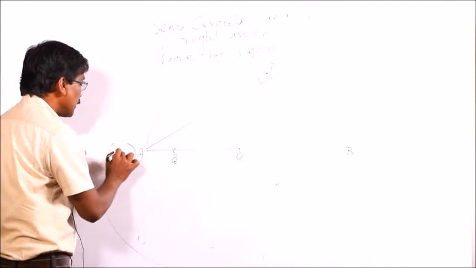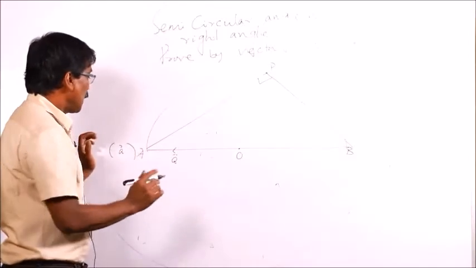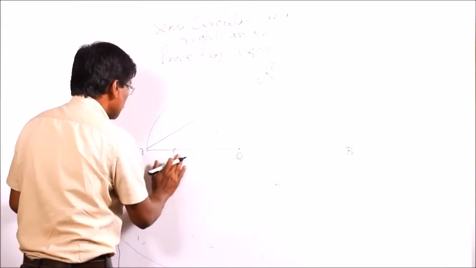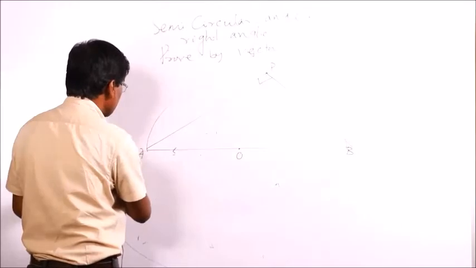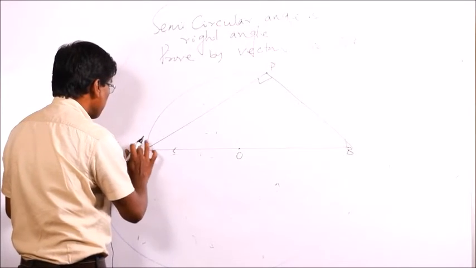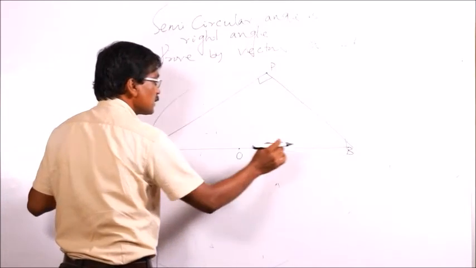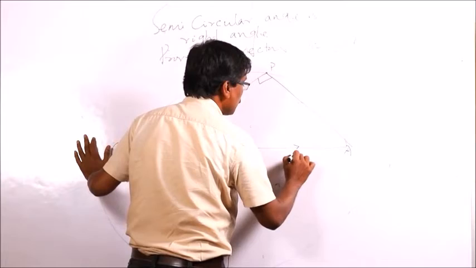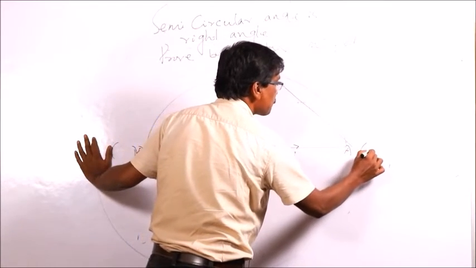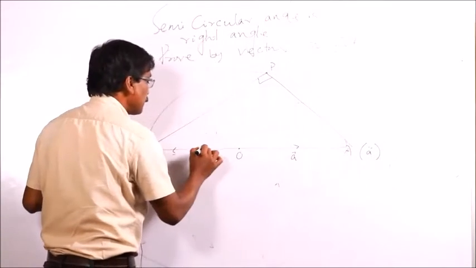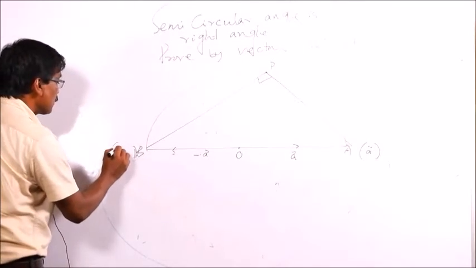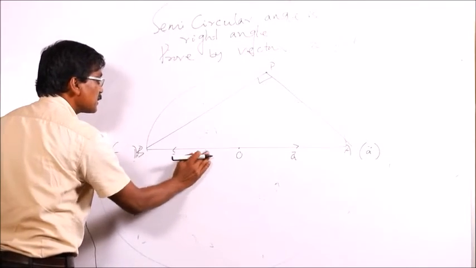The position vector of A is A vector and B will be minus A vector because it is in the opposite direction. So that is equal to minus A vector.